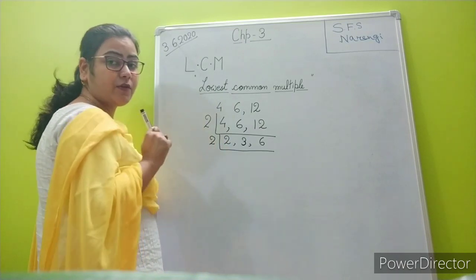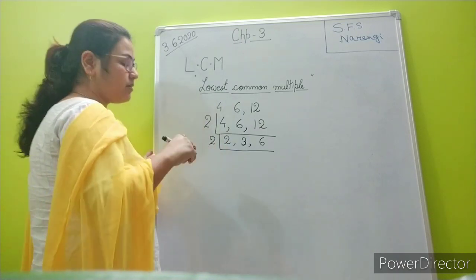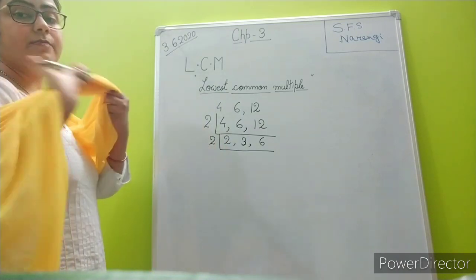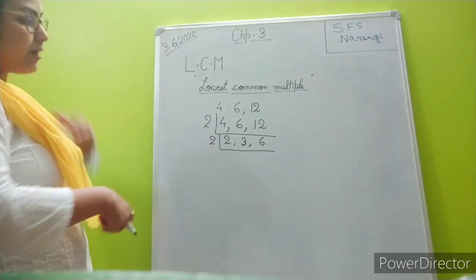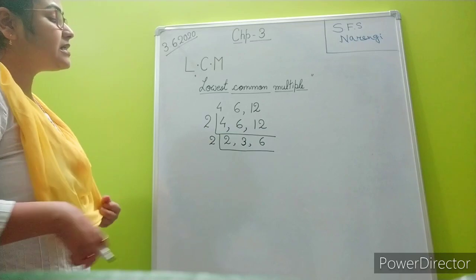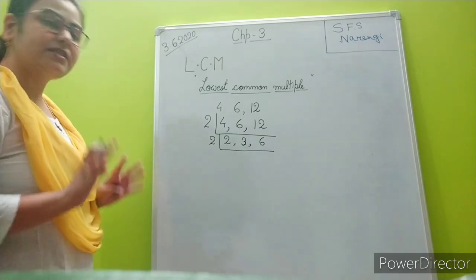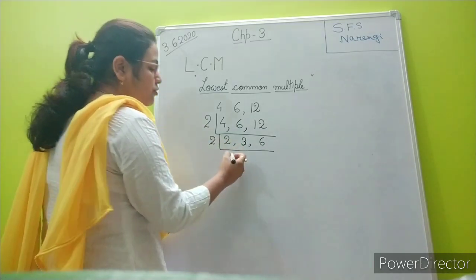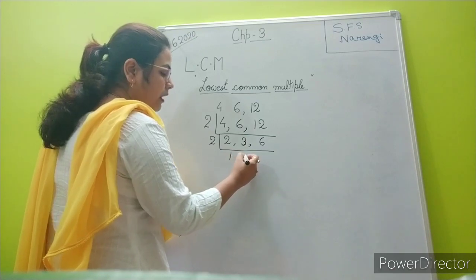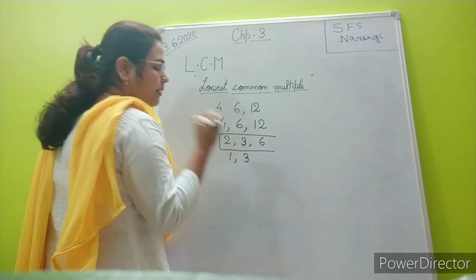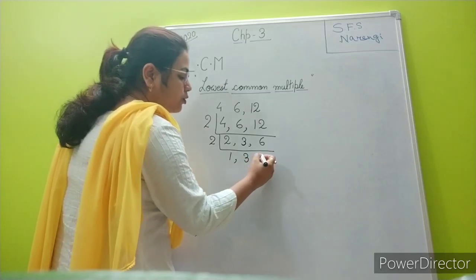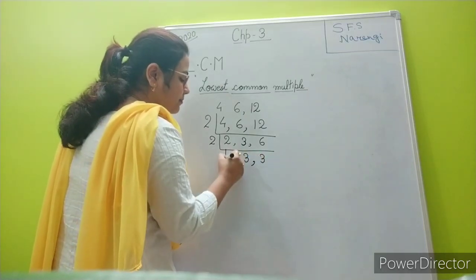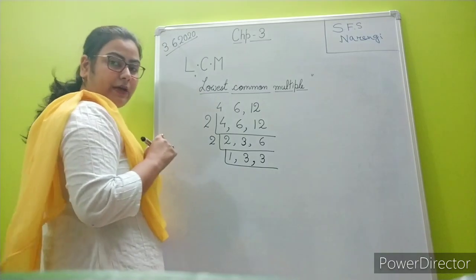In HCF, what would we have done? We would not have divided, because 2 was not dividing all three numbers. But here, since it is dividing two numbers, even then we will divide. So, 2 ones are 2. It does not get divided by 2, so 3 comes down as it is. And 2 threes are 6.